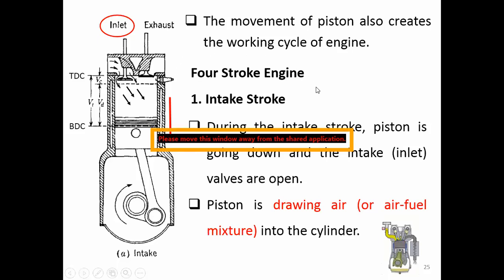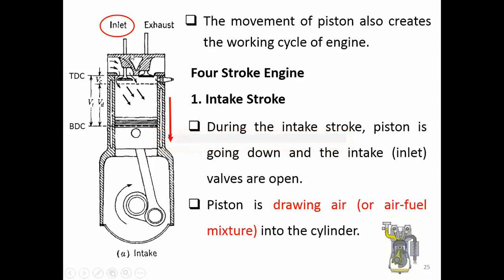The first stroke we call the intake stroke. The intake stroke happens when the piston is going down. When the piston is going down, the inlet valve here opens, or sometimes they call it the intake valve.